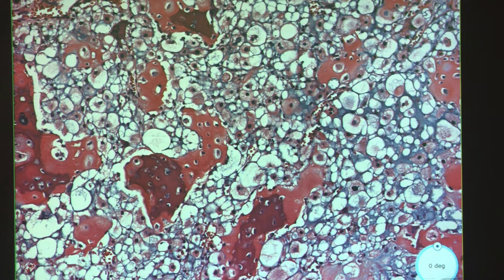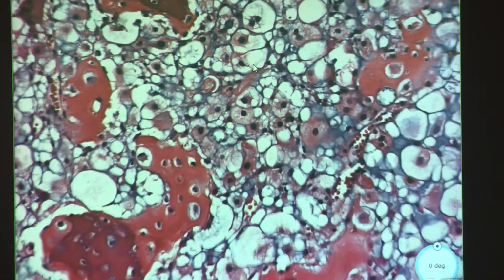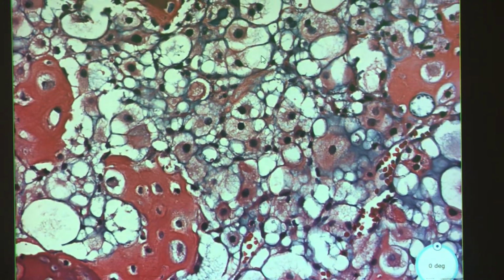Immature adipoblasts will have large central nuclei, but they shouldn't be quite this big. So that's already something that we notice is unusual. So even if you're thinking maybe this is fat, that should clue you in that there's something else going on here.